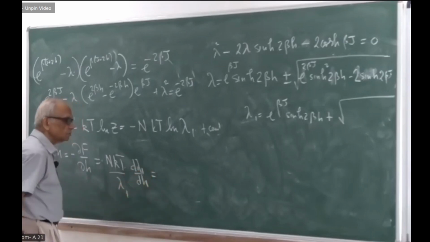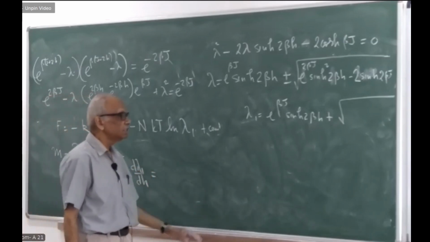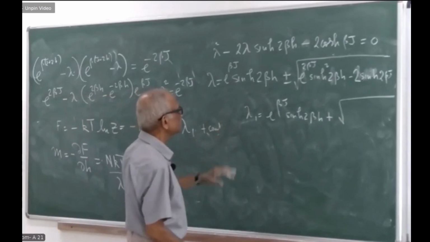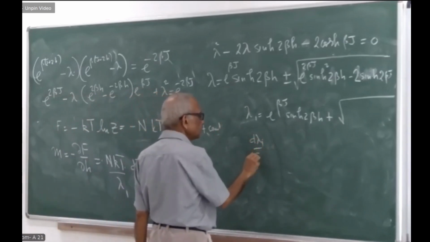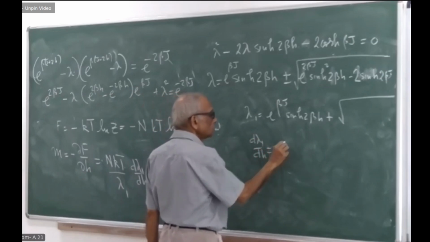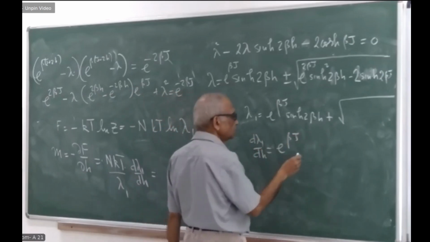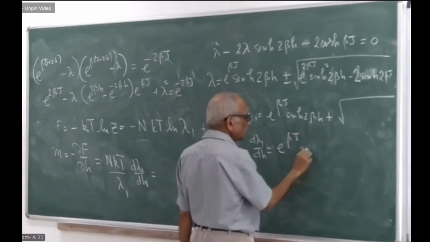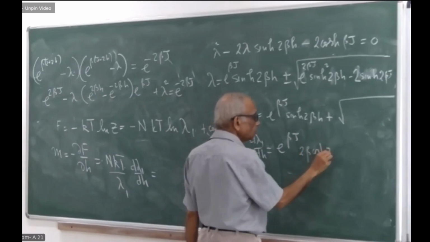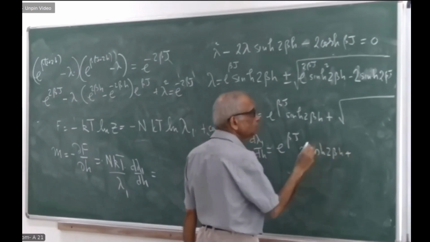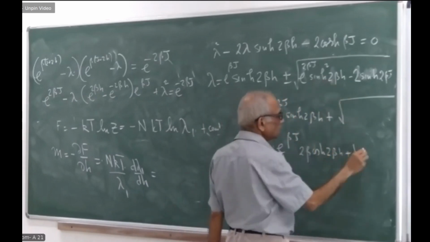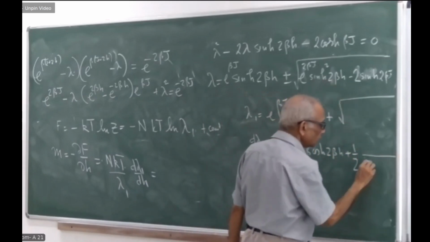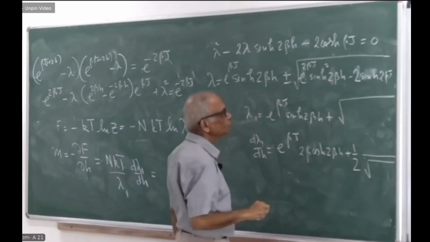So I need to calculate d lambda 1 dh. This is my job. So d lambda 1 dh is e to the power beta J times 2 beta cosh 2 beta h plus half, and then this square root business over here.